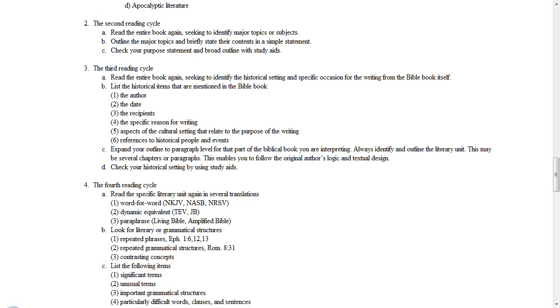So you're going through and you're paragraphing the book, and, of course, you English teachers know every paragraph has a subject. So you're identifying the major subjects.